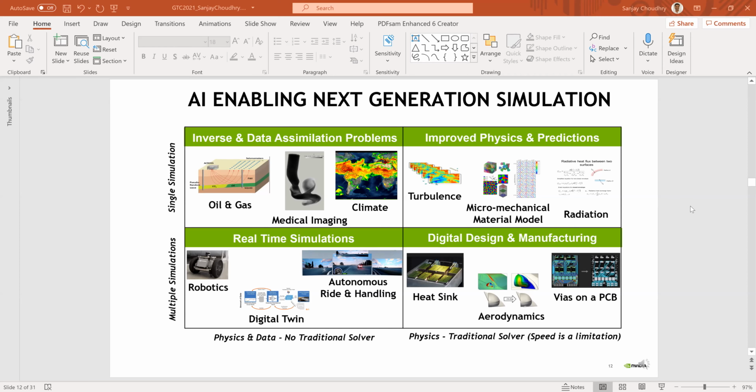And on their own, of course, you can learn from the data and do the simulations, but they can also be embedded and called by the solver, because typically the solvers, for example, RANS versus LES or DNS, or micromechanical material model versus the macromechanical constitutive models, where you have a gross behavior modeling of stress strain or something like that, as opposed to unit cell behavior and composites.